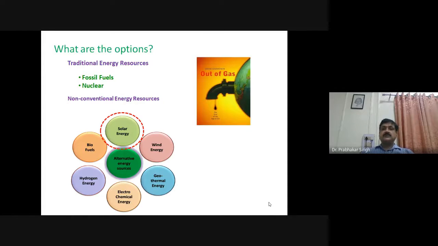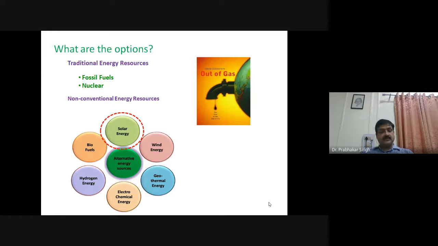Okay, so if you see the options available, there are many options, of course. The traditional energy resources we can use are the fossil fuels: petroleum, diesel, and all other things. Another option is nuclear sources. Of course, they are a very good choice, but there are many risks.